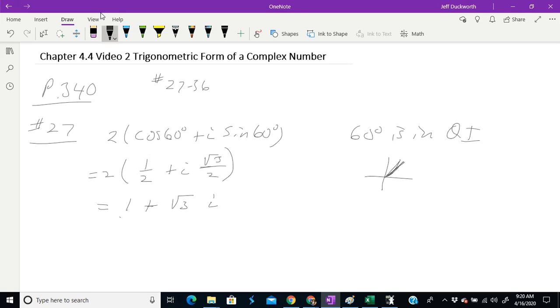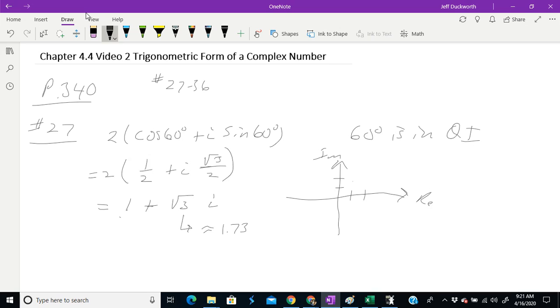So drawing a better graph of where this is, root 3 is a little less than 2. I think it's 1.73. So if we go 1, 2, 1, 2, this is our real, and this is our imaginary.